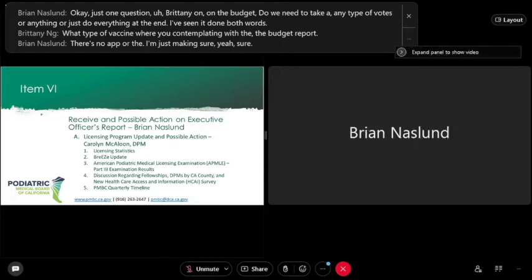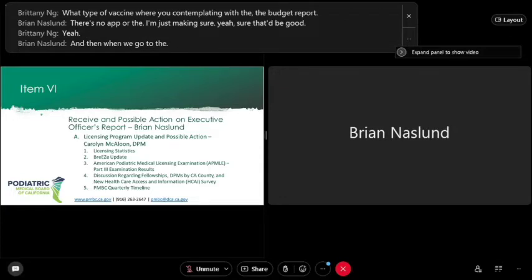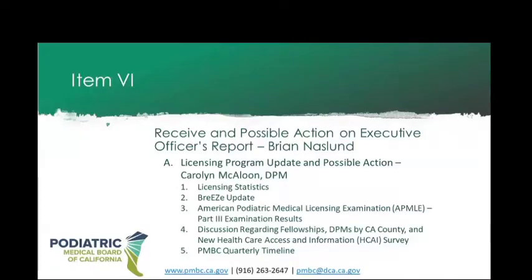And then when we go to the executive officer's report, do we do each program, or can we do it all at the end? You can do it all at the end. If you have specific action you want to take with respect to a particular program, I would recommend addressing that at the end of each program. But if you don't, then we can take public comment at the very end. Okay, perfect. Just making sure.